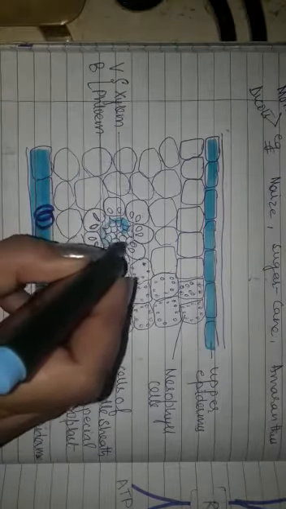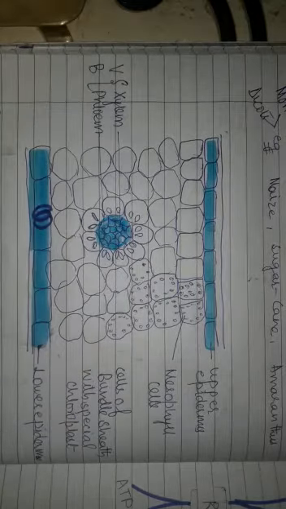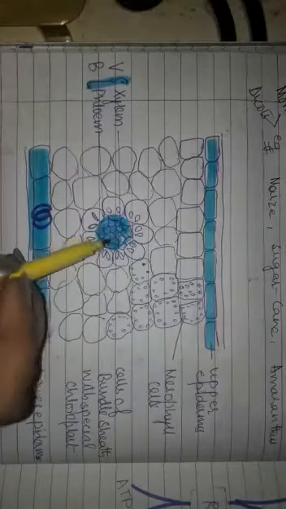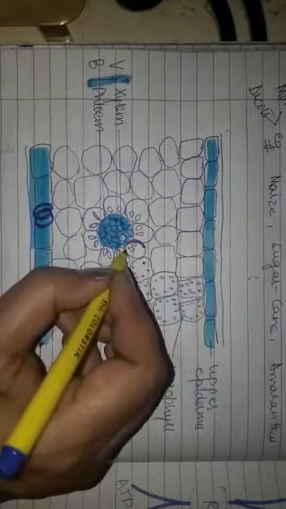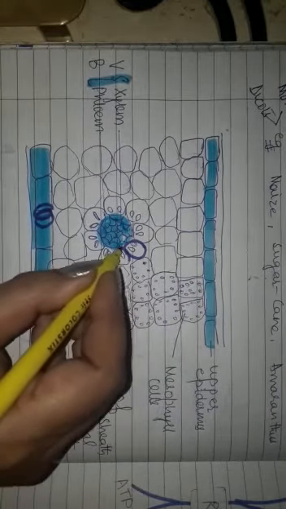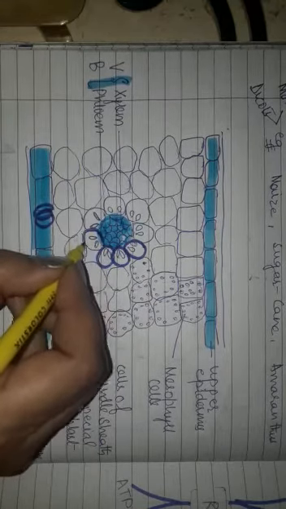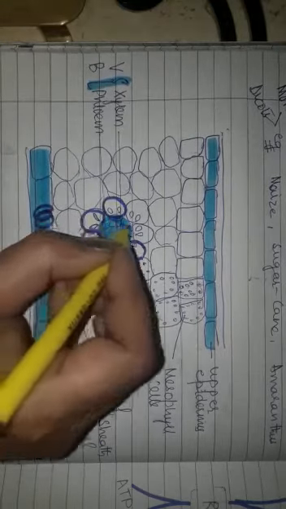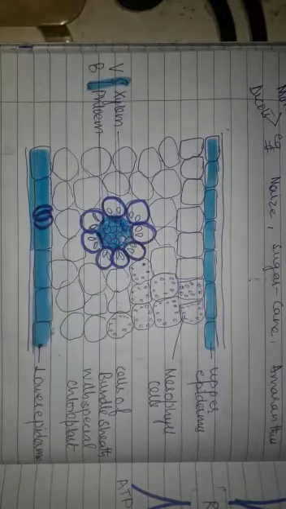The xylem and phloem, which form the vascular bundle, are surrounded by a sheath. The special feature of kranz anatomy is that the vascular bundle is surrounded by a layer of special cells.